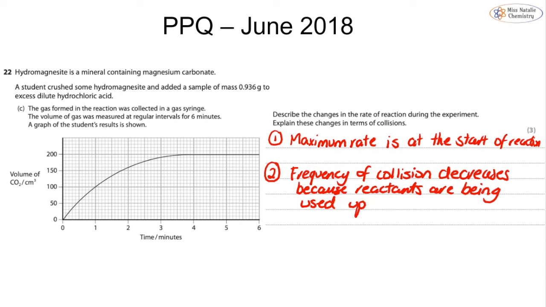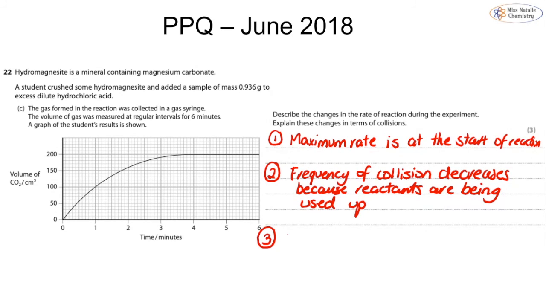So the more reactants that are reacting with each other to form the products, the less of them there are in order to continue reacting. So the faster the products are formed, the slower the reaction is going to get because you're running out of reactant particles.